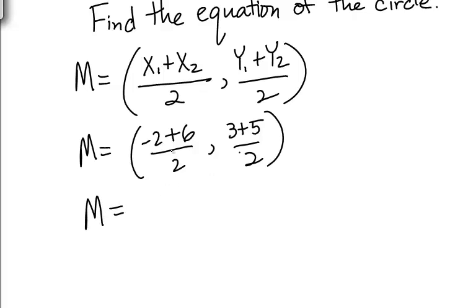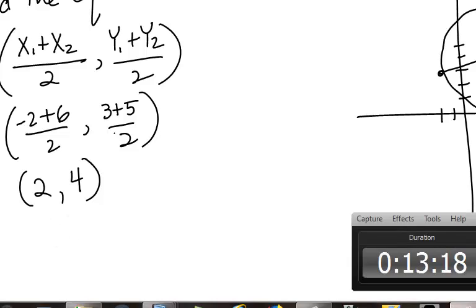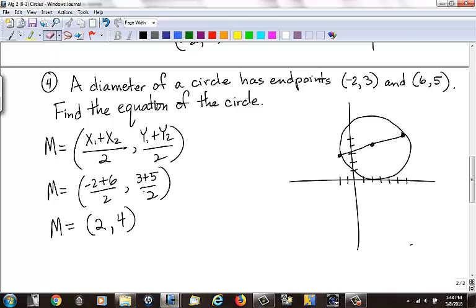So this is 4 over 2, which would be 2, and 8 over 2, which would be 4. So this is actually what in our circle equation? It's the center, right? This is actually our h, k.